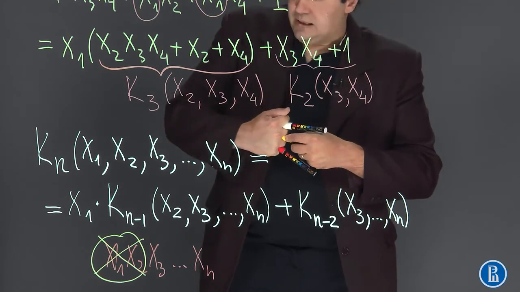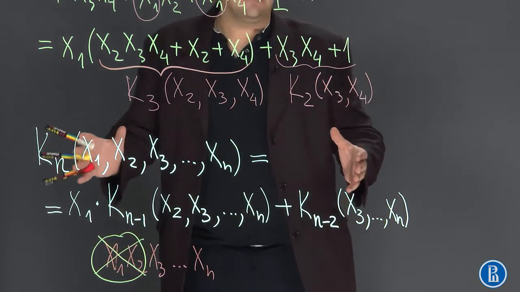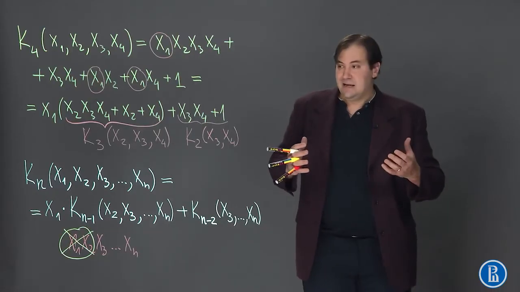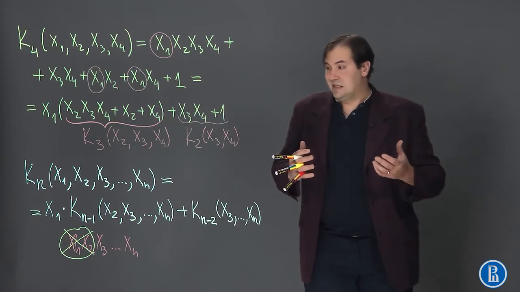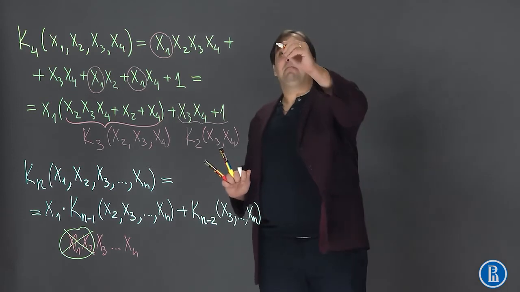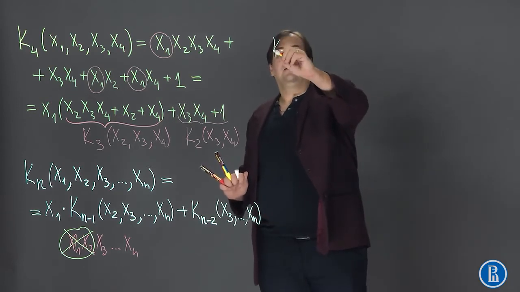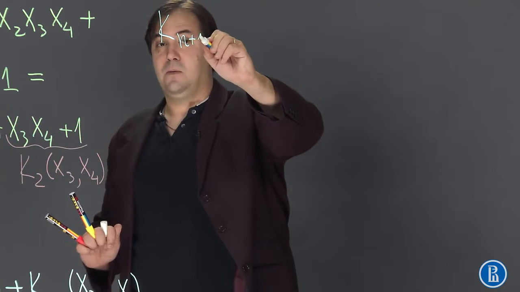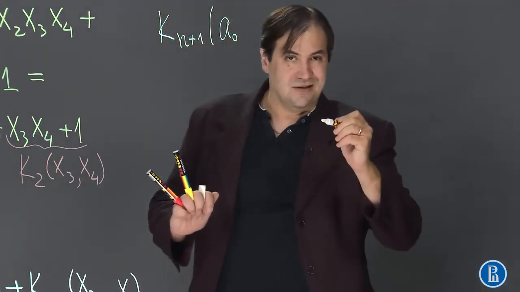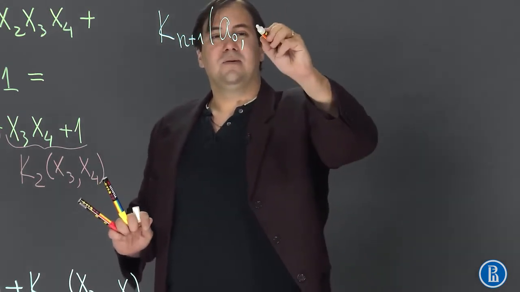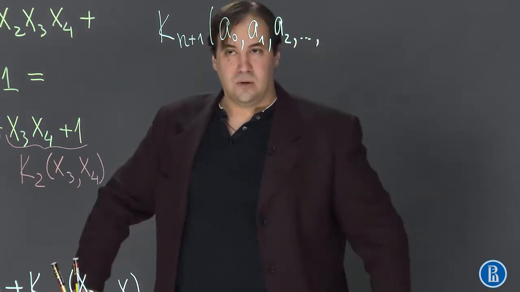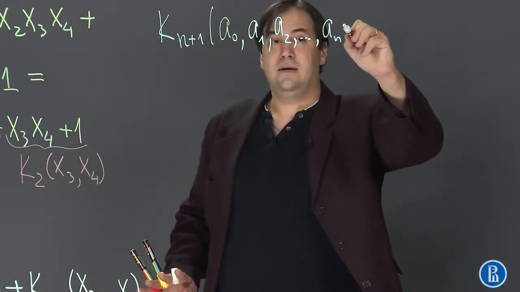Okay, so now that we have this recurrent equation as a property of continuants, let's consider a fraction whose numerator and denominator are continuants, namely K of order n plus 1 of variables a0, just as in continued fractions, a0, a1, a2, and so on, an.